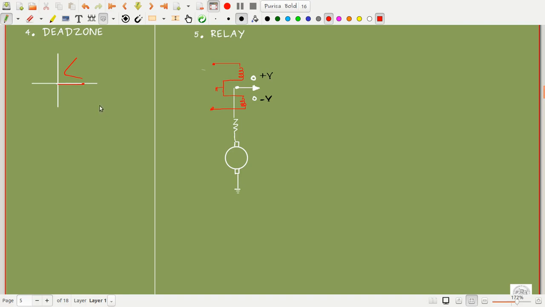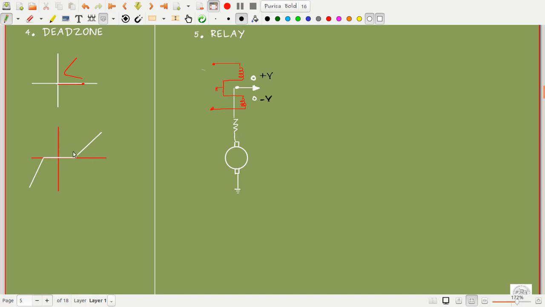This relation between the input and the output is called a dead zone. We can draw it something like this. This kind of nonlinearity is usually found in some kinds of gearboxes, in gears with torsional spring loads.